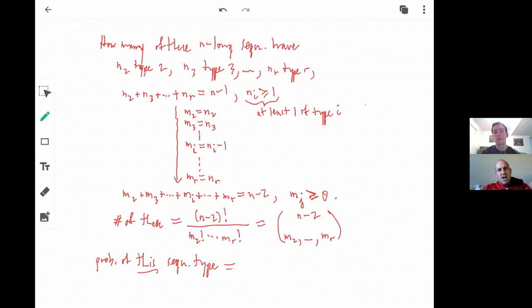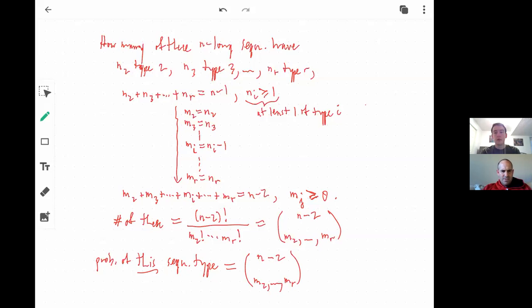I know how many type 2 I caught, how many type 3 I caught, etc. But then I have to account for the probabilities, yes?